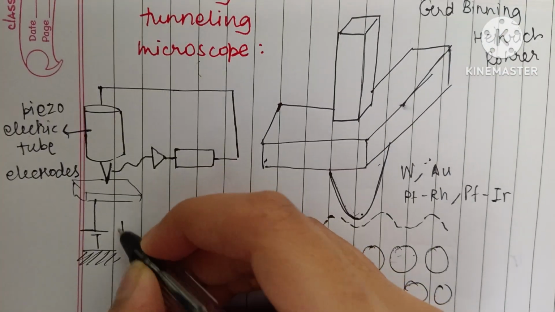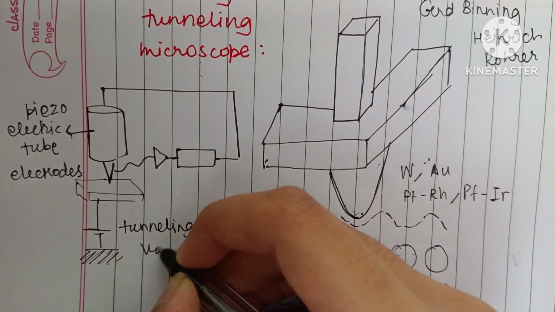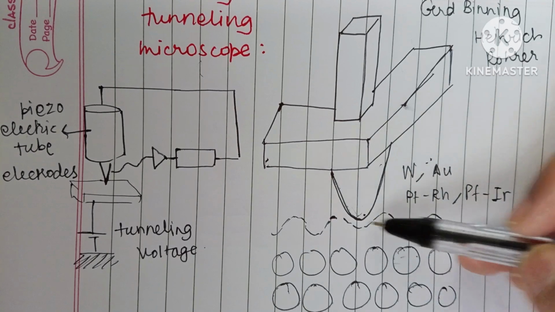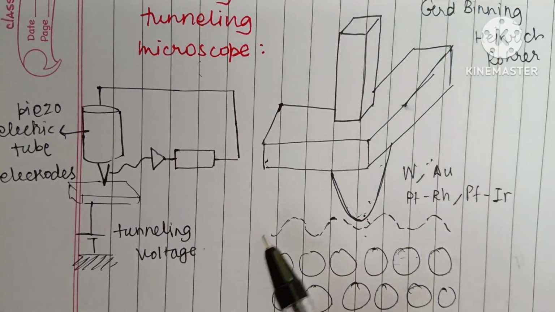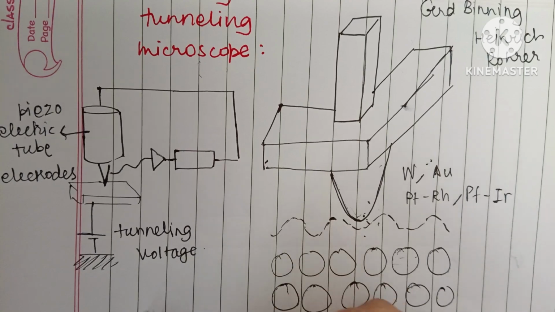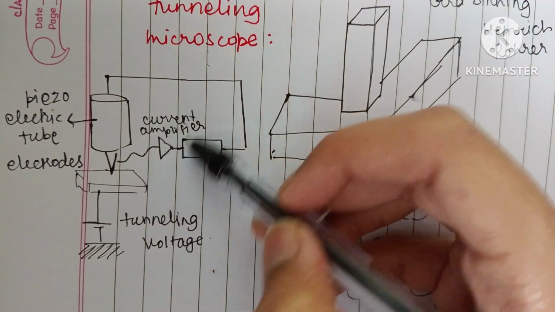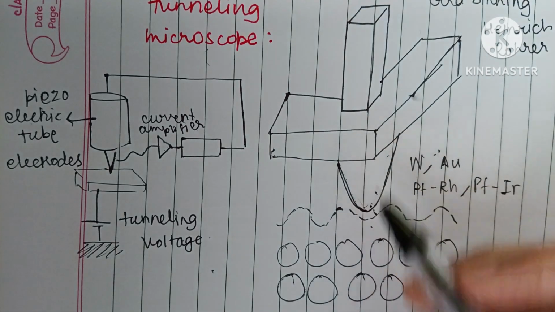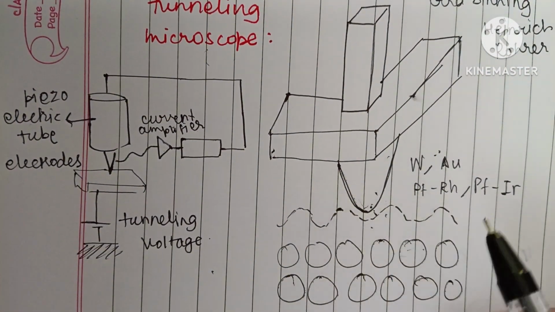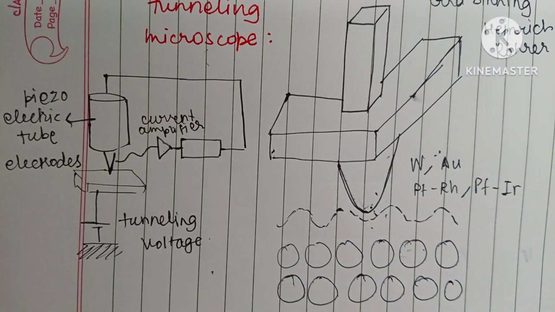This is the tunneling voltage, and the tip surface separation is controlled to be constant by keeping the tunneling voltage at a constant value. This is a tunneling current amplifier. When we raster the tip across the surface, we get a current and use that current as a feedback signal.